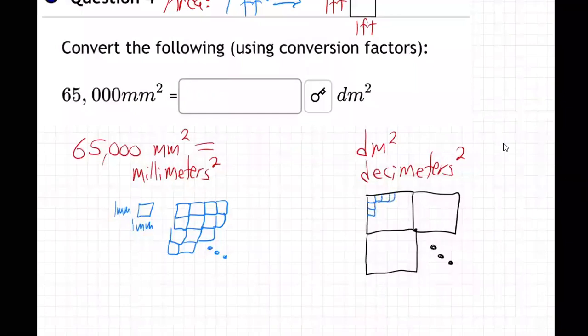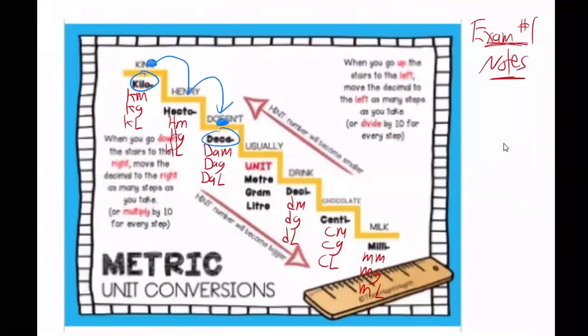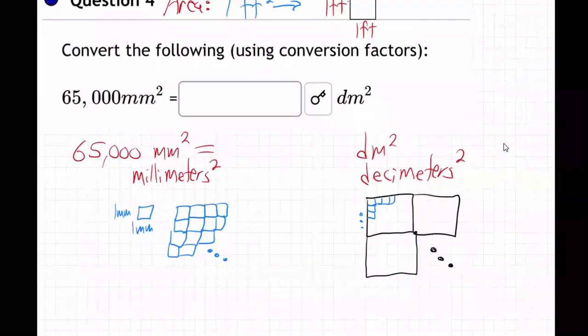Anyway, I'll tell you why in a second. If you look at the chart right here, basically we're going from square millimeters to square decimeters. Millimeters is right here. It's 2 jumps back to get to decimeters. Anyway, the point is there's a whole bunch of little millimeters that can fit in a square decimeter.